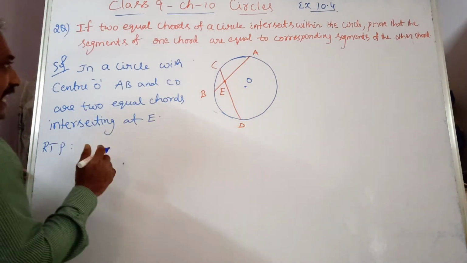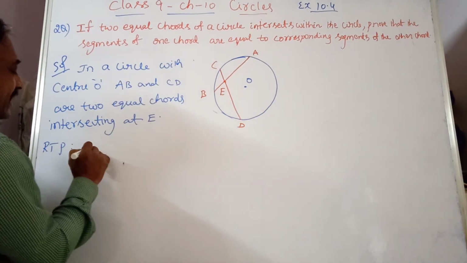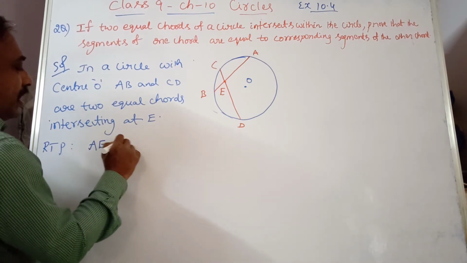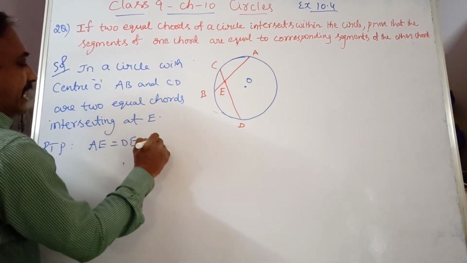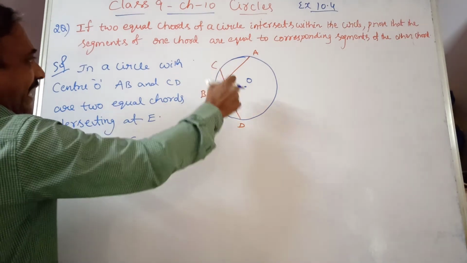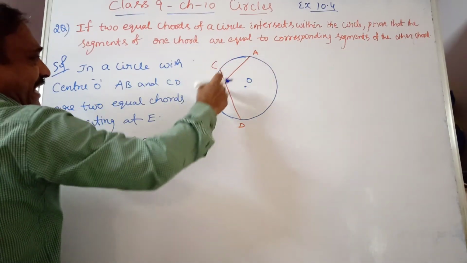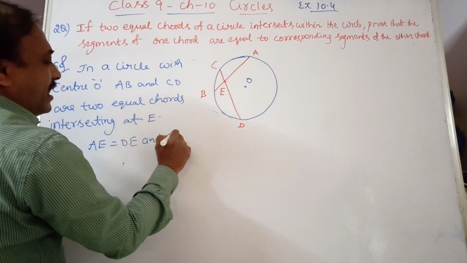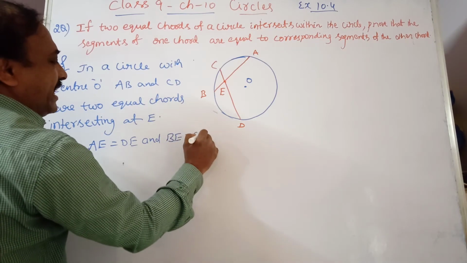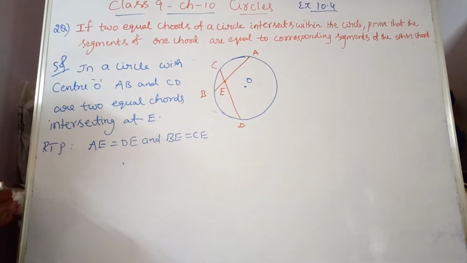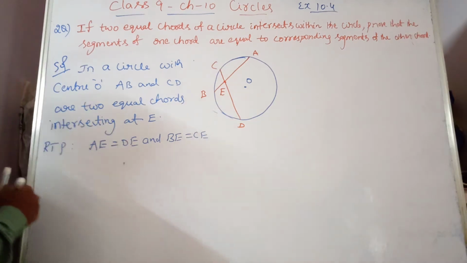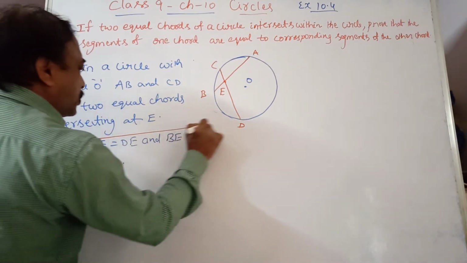We have to prove that AE is equal to DE and BE is equal to CE. This is the thing we need to prove in the question.